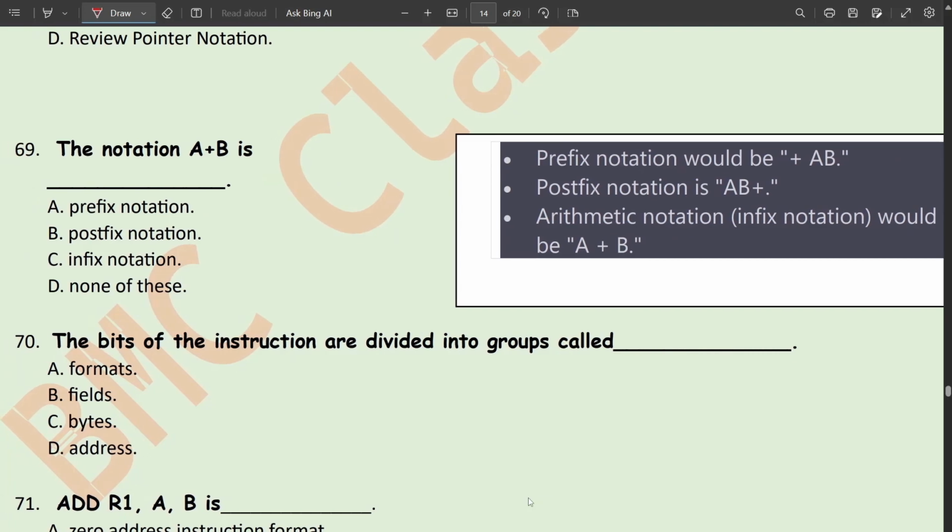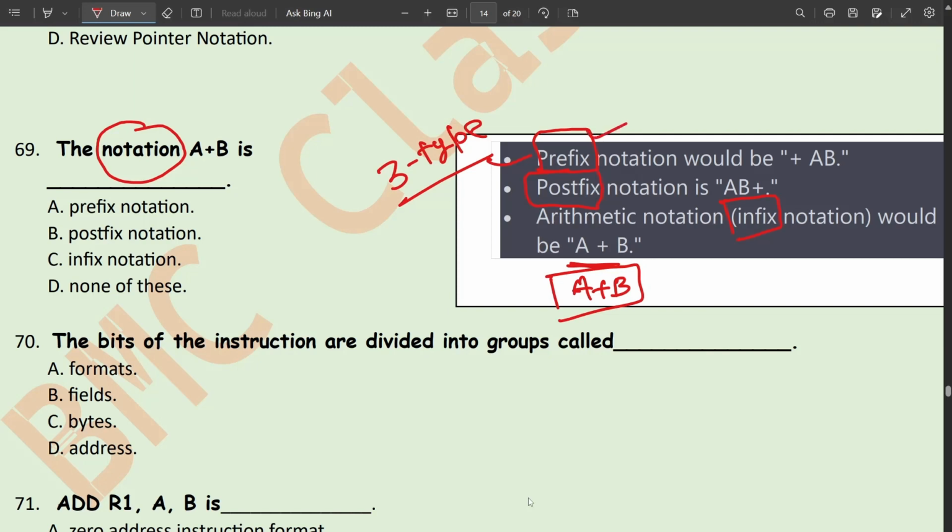Let's understand how many types of notations here. So here are three types of notations. First, prefix notation, second, postfix, and last is infix. So infix A plus B.